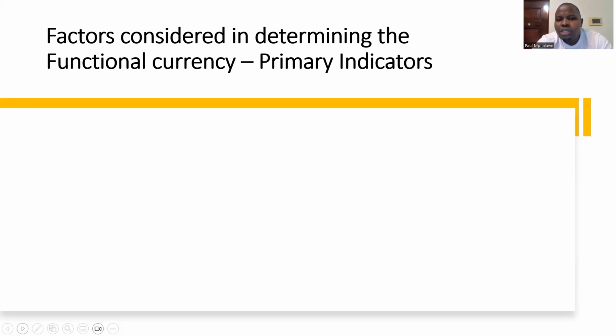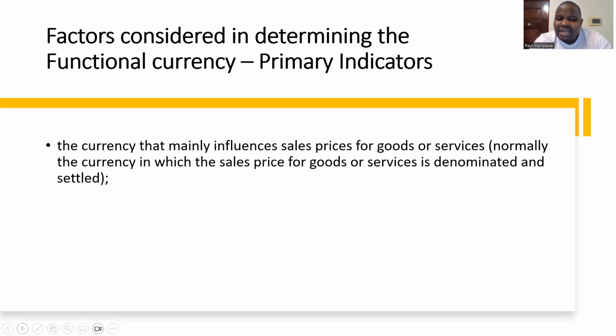So factors considered in determining the functional currency, we start with the primary indicators. Number one, the currency that mainly influences sales prices for goods or services. Normally, the currency in which the sales price of the goods or services is denominated and settled. That currency can be a functional currency. So you look at the currency which a company is using to sell or to charge its sales. Which currency?